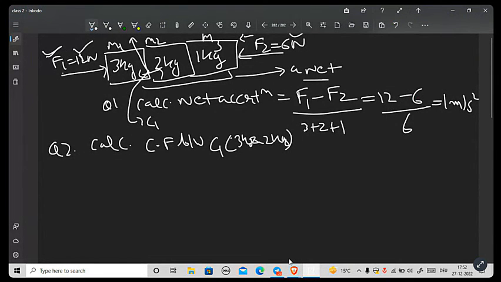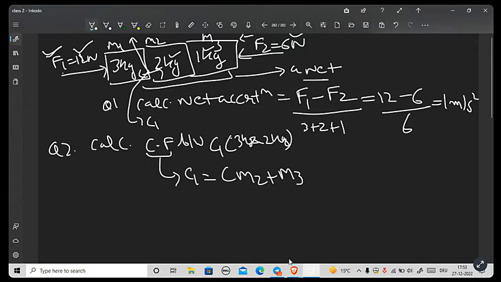Okay, so we have to calculate contact force C1 between the 3 kg block and the 2 kg block. So what was the shortcut? Since the contact force between the 3 kg and 2 kg blocks will be contributing to the movement of both the 2 kg and 1 kg blocks together, I will write the formula C1 is equal to M2 plus M3.